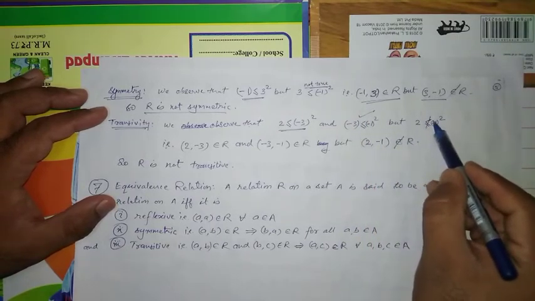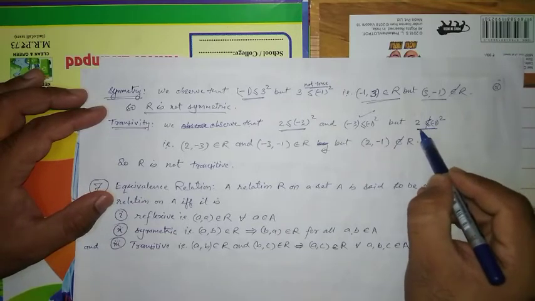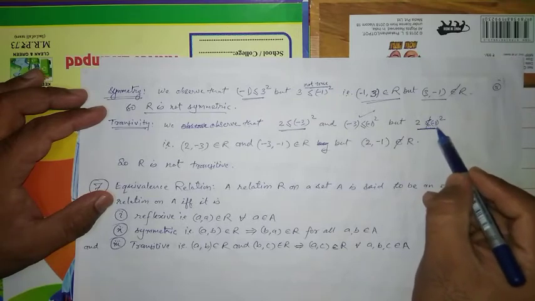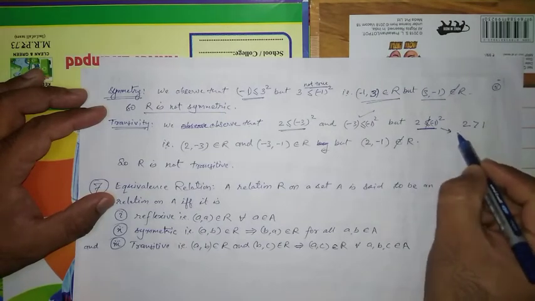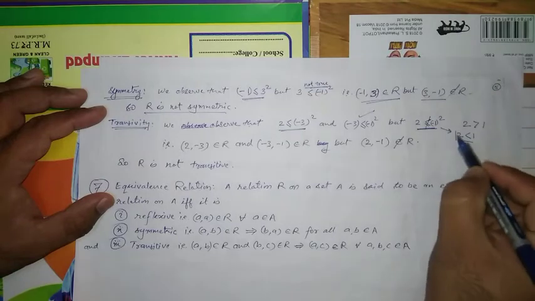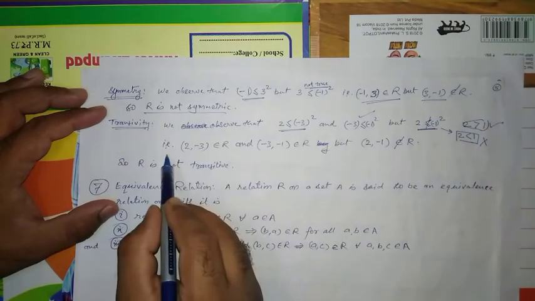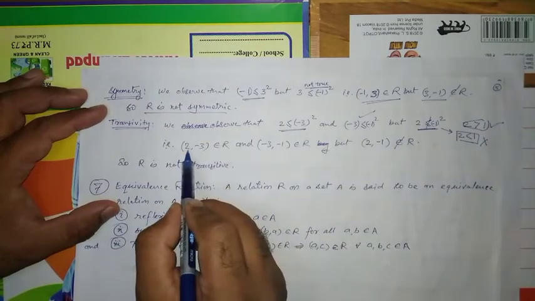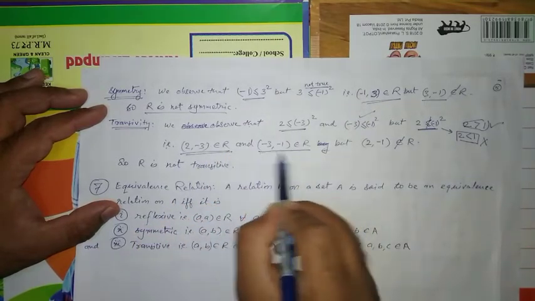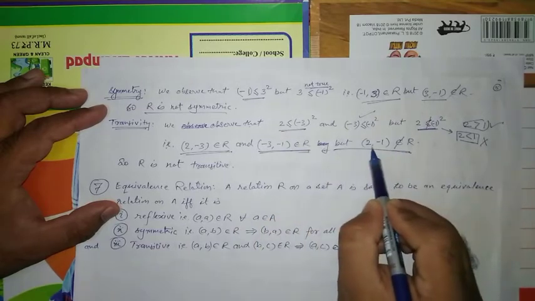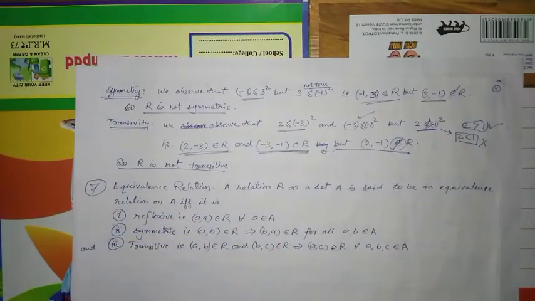But 2 ≤ (-1)² is not true, because 2 is greater than 1, but it is saying that 2 is less than 1. So it is wrong. Therefore (2, -3) belongs to R and (-3, -1) belongs to R, but (2, -1) does not belong to R. Therefore R is also not transitive.